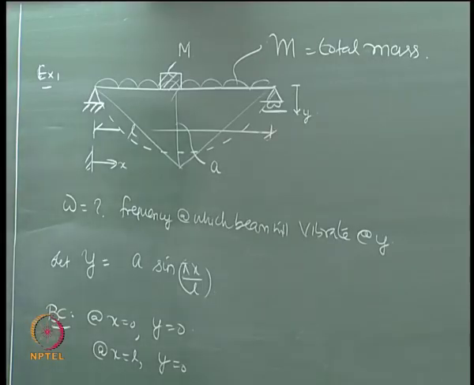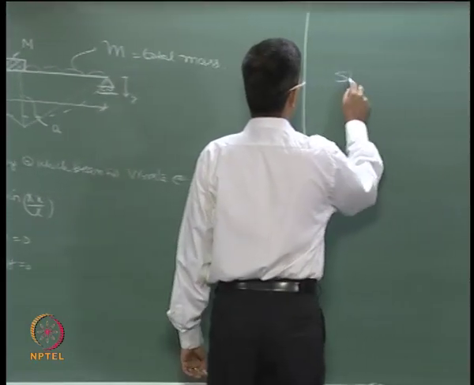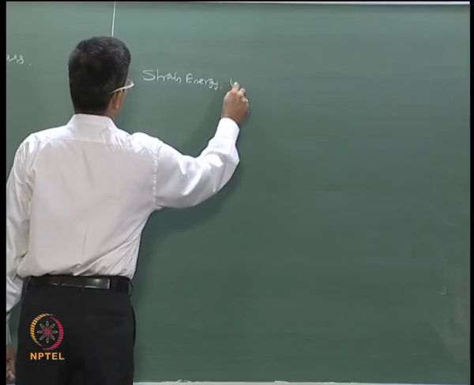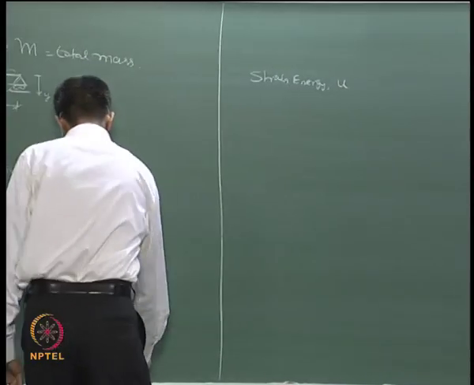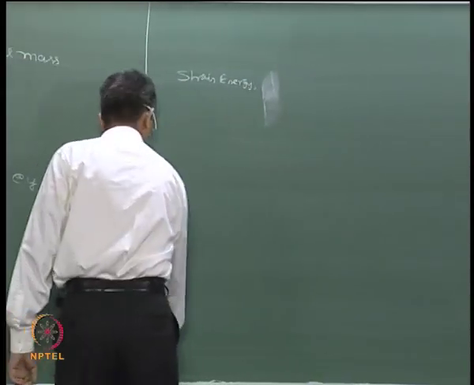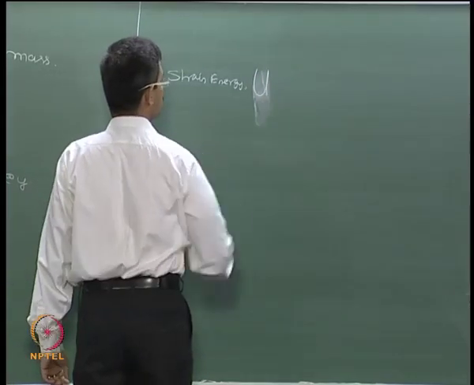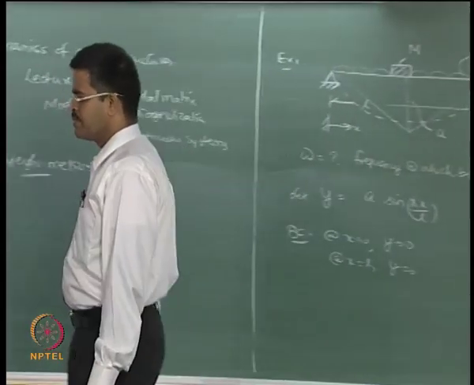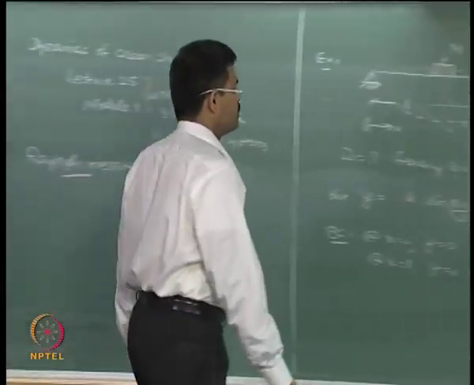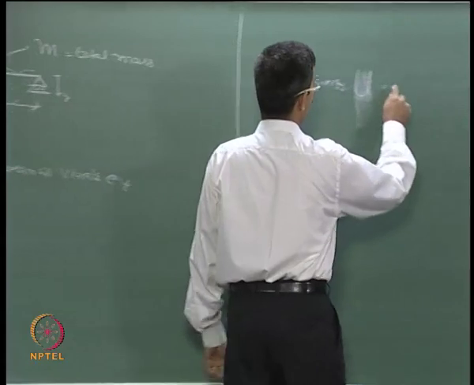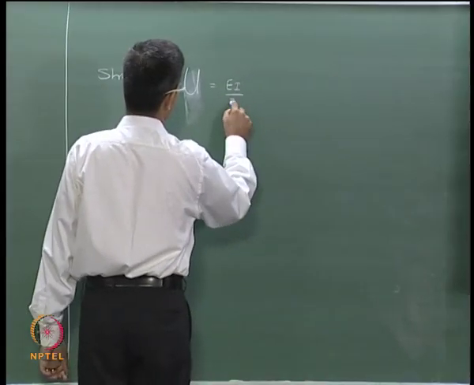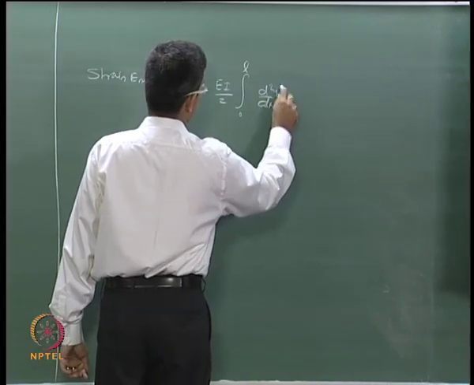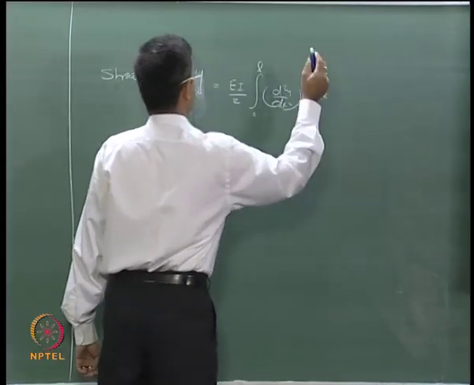So now I can find the strain energy, capital U, which is EI by 2, integral 0 to L, d square y by dx square the whole square dx.